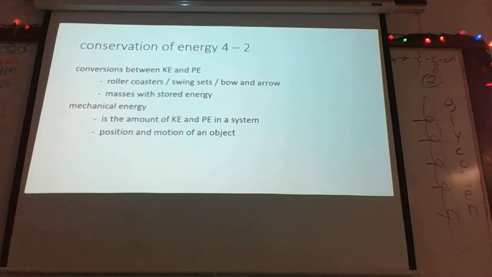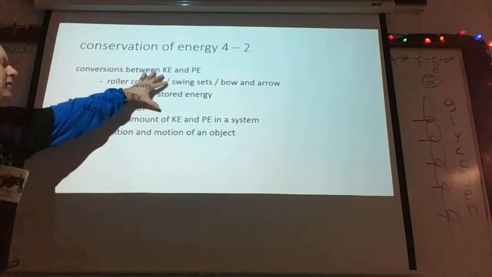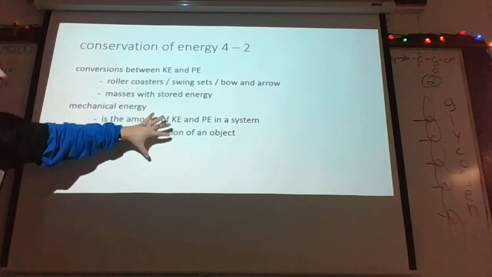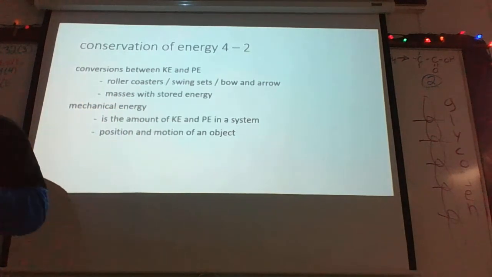Potential or kinetic? Greatest kinetic energy, because when it starts swinging back this way, the potential is going to approach what value? Zero. Right. So that's the difference between kinetic and potential energy. But when you put both of them together, we get mechanical energy.